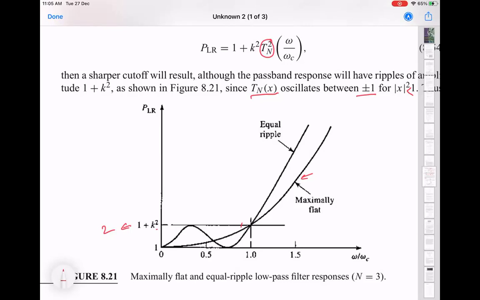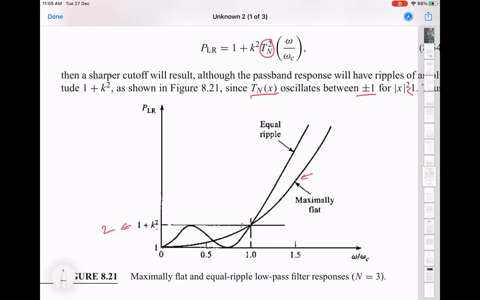This is a different optimization where you say that, okay, I can tolerate some variation in my pass band. So remember that even in the other case, there is some variation. It goes from 1 to 2. It's not a perfectly flat situation. So here you're allowing, and of course, the magnitude of this is going to depend on the value of k you choose. You could choose a k which is different if you like.